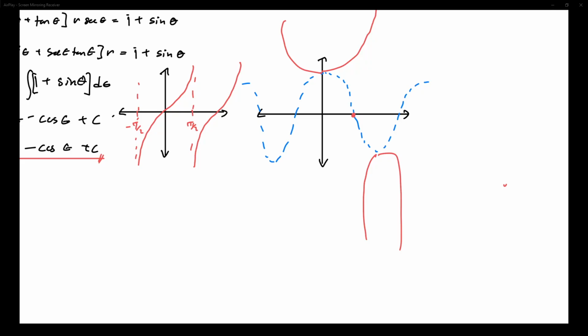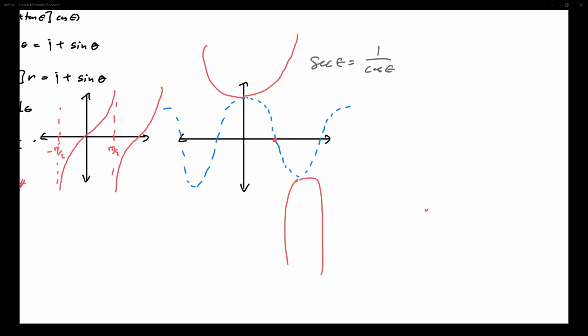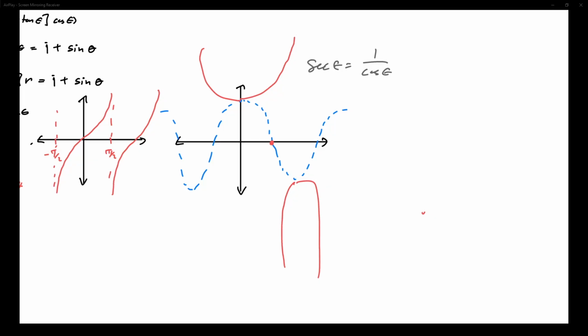At this point, recall that secant theta equals 1 over cosine theta. When is cosine theta 0? Cosine theta is going to be 0 at pi over 2 times k, where k is any odd integer; at 0 the cosine is 1, so not a 0.